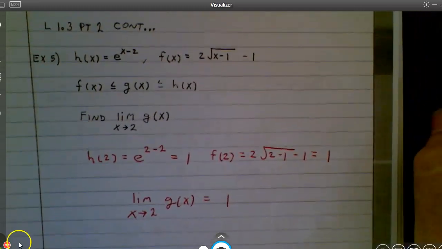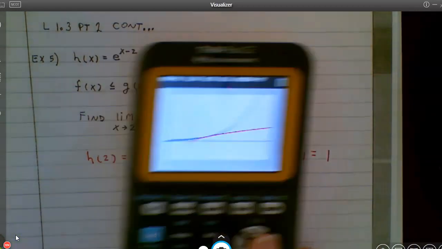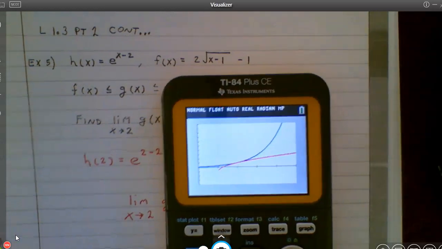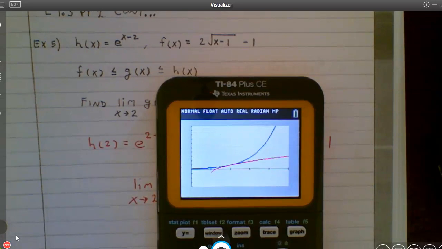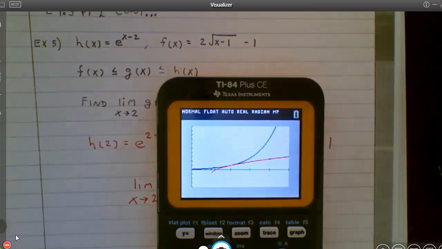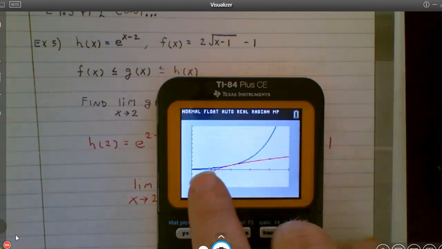So again, here's our two functions. Let me show you the two graphs on this one, just to give you a little bit of a visual here. So g of x, we're being told, is a function that is somewhere between f of x and h of x. So I graph those two. g of x has to be somewhere between the blue and the red, all the way through.